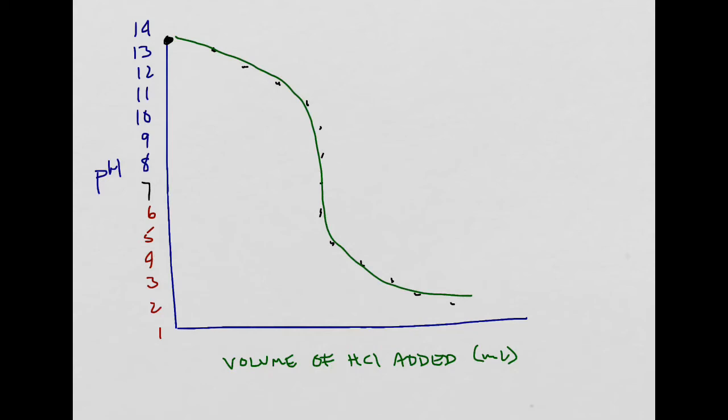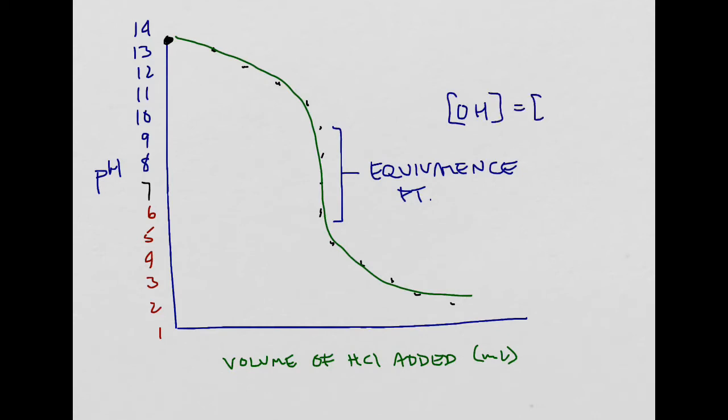So with this titration curve, I want you to notice this area right in here where it's dropped down and it's vertical. This is called the equivalence point. And it's called an equivalence point because that is the point where you have an equal concentration of hydroxide ions to the concentration of the hydronium ions.